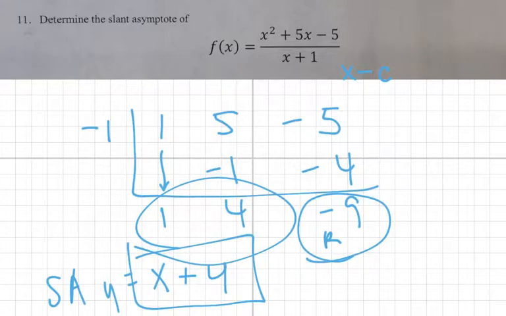Y equals x plus 4. Please make sure when it asks you for the equation of the asymptotes that you include the y equals. For a slant asymptote, you need a y equals, for any horizontal asymptotes, or you need x equals for any vertical asymptotes. You'll need that for your homework.